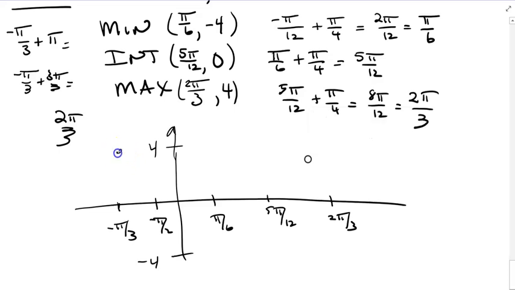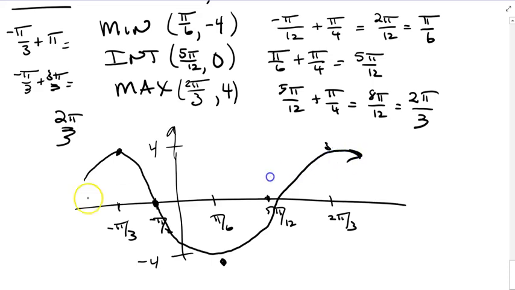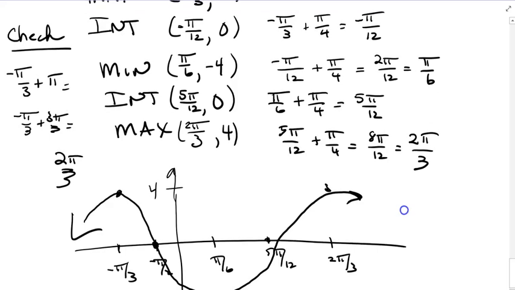And you're doing a cosine graph, so you might want to just put your dots in first. And there you got your graph. I know I missed the dots, but you get the idea.